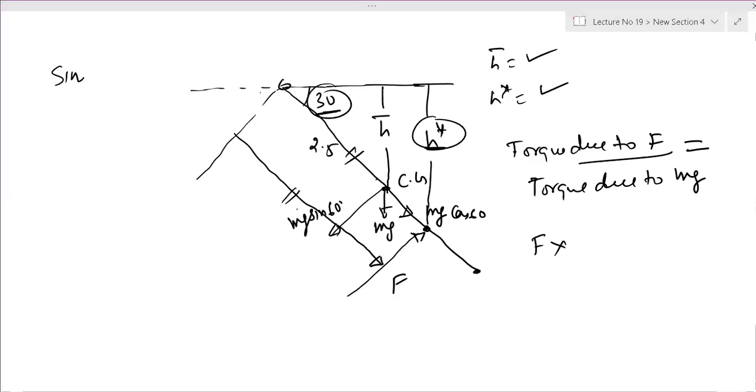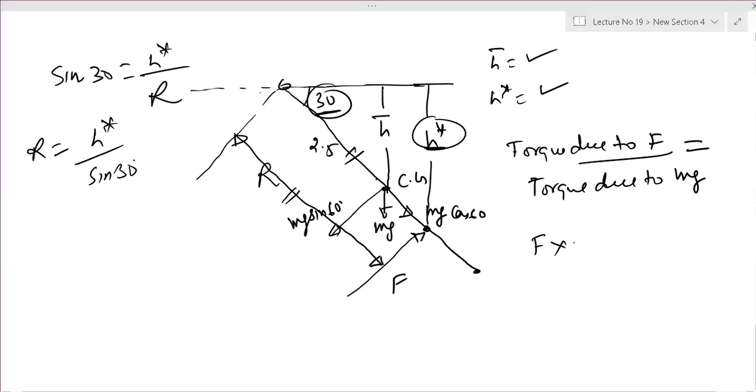If I write this as capital R, then sine 30 is h star divided by R. So R is h star divided by sine 30 degree.